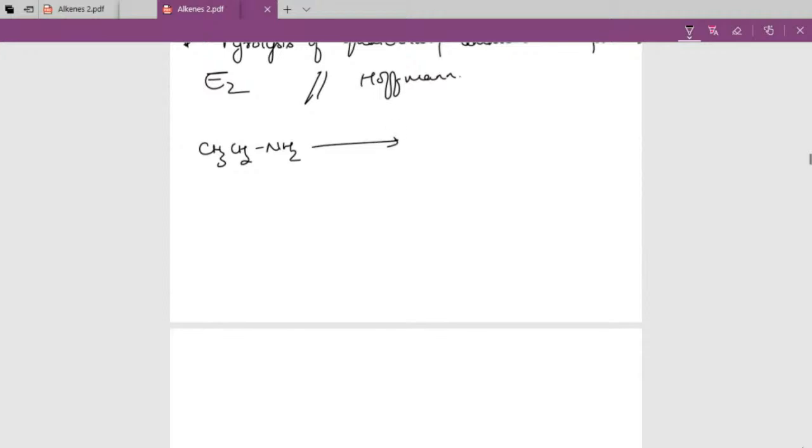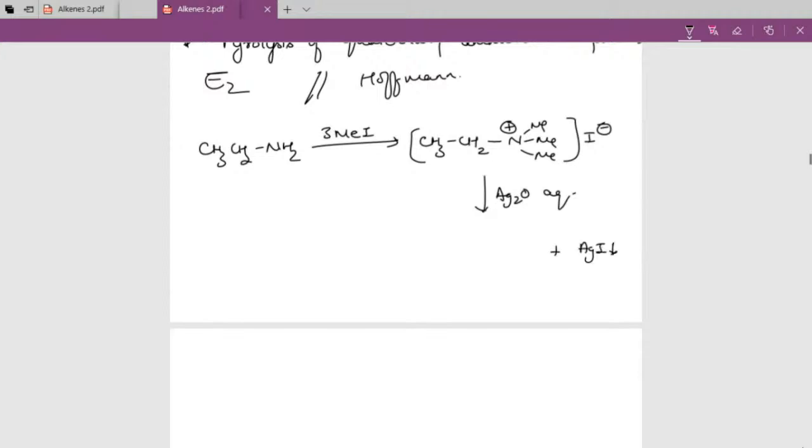I'll convert it to a quaternary ammonium salt by reacting it with excess MeI, and I will have this type of quaternary ammonium iodide. Now I'll treat it with Ag2O aqueous so that this AgI is removed and instead we have quaternary ammonium hydroxide.